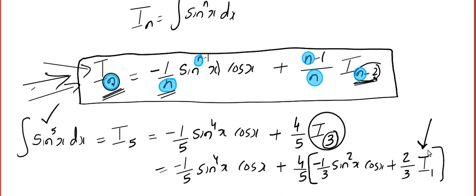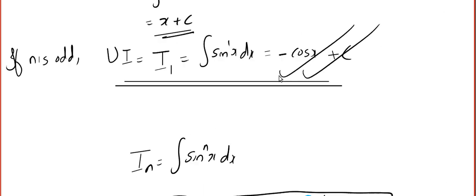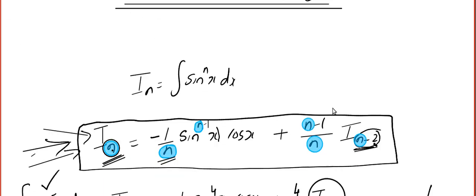Finally, I1. I told you, when you start working out any problem related to reduction formula, at the last you will get an ultimate integral. And we are already ready with the answer. What is the ultimate answer? Minus cos x.